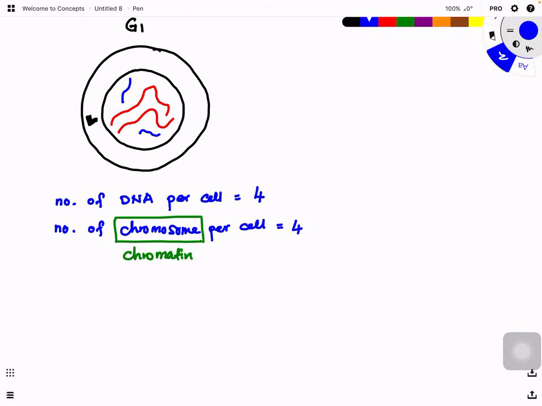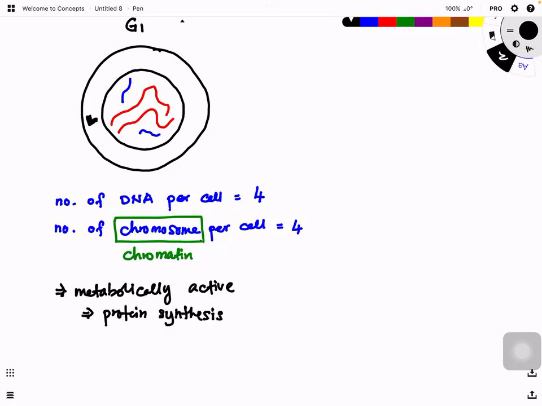Okay, so what are the main characteristics of G1? In G1, the cells are metabolically very active, particularly involved in protein synthesis.